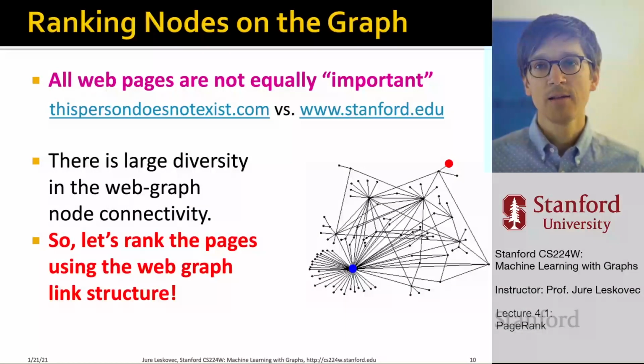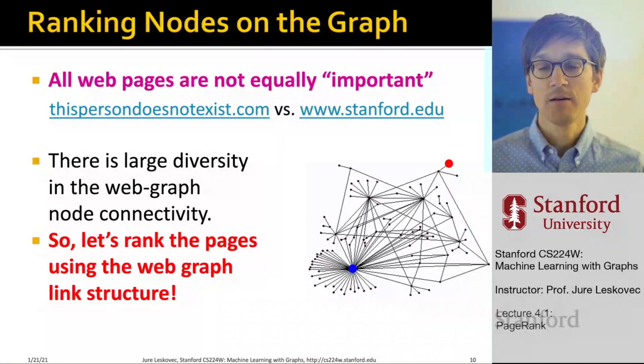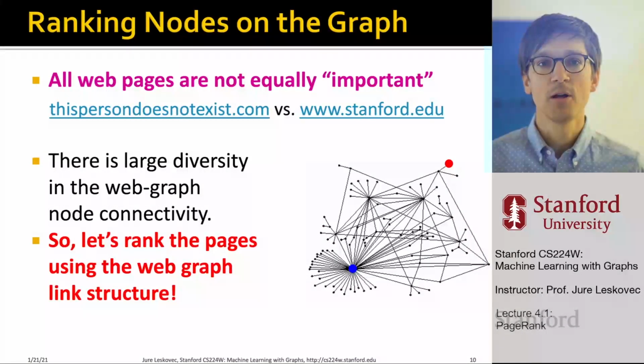The important question from the viewpoint of web search is to understand which nodes on the web are more important than others. Some unknown domain name might be a priori less important, less trustworthy than a well-established website that a lot of other web pages link to. So, this-person-does-not-exist.com versus stanford.edu might have very different a priori importance.